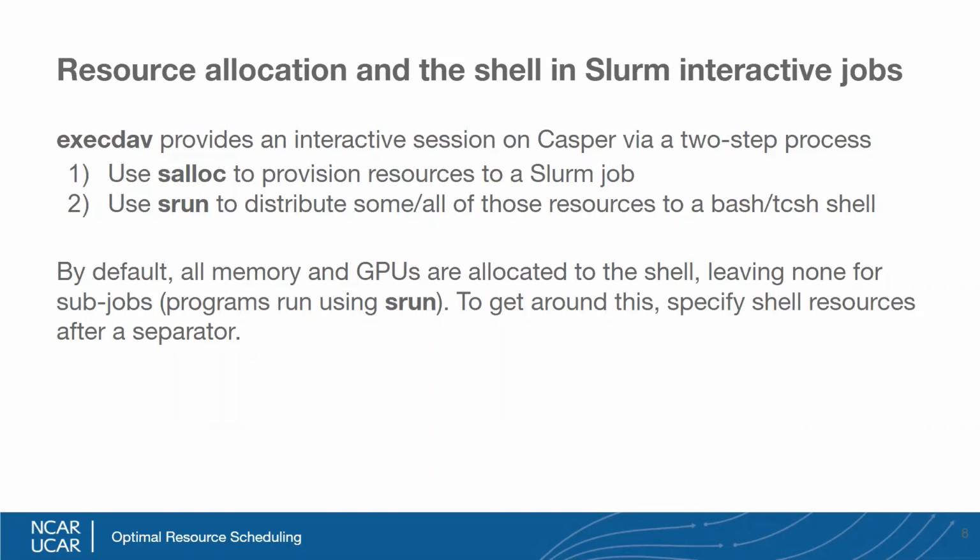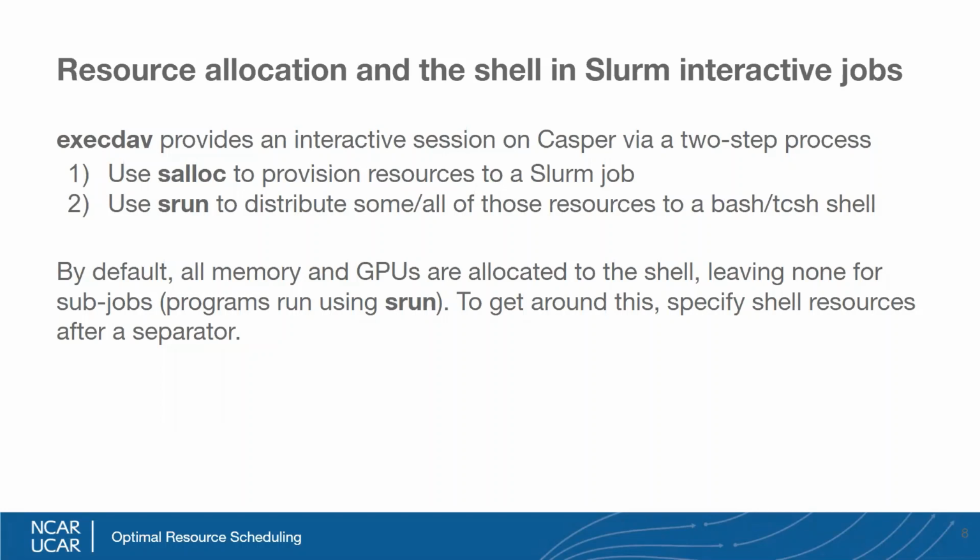Now, we have to make a choice there. By default, we distribute all of the memory and the GPUs that you request to the shell, leaving none for other subjobs, or what Slurm calls job steps. One example that's particularly relevant is if you try to run a program within your shell using the srun command.